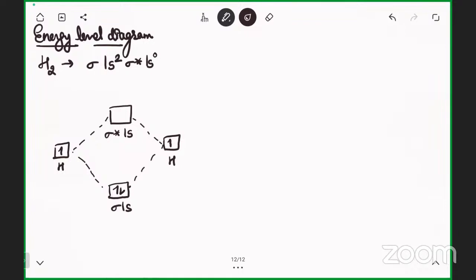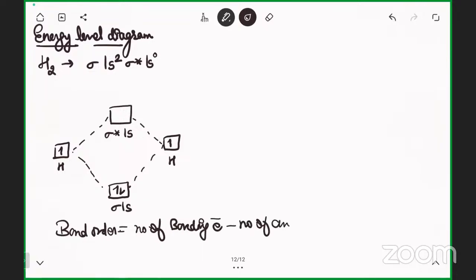So just calculate the bond order. For the calculation of bond order, the formula we use is number of bonding electrons minus number of anti-bonding electrons, divided by 2.